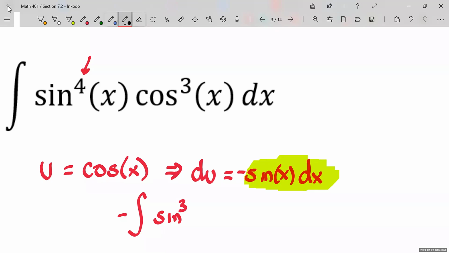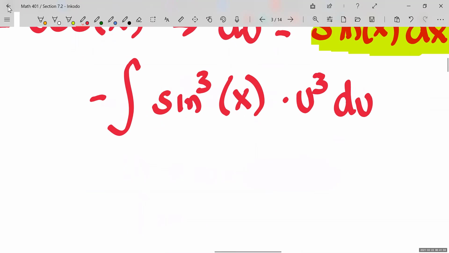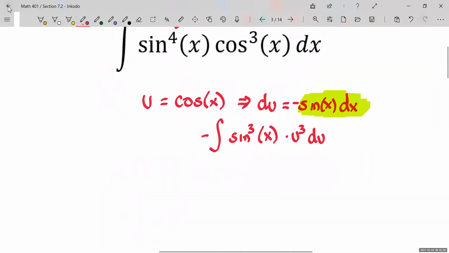So we have 3 powers left, so sine cubed of x, and then cosine cubed is just u cubed. And I cannot touch an odd power of a trig function. It's unfortunate, it's just how it works. So that red ink is there to tell you that's a bad substitution.